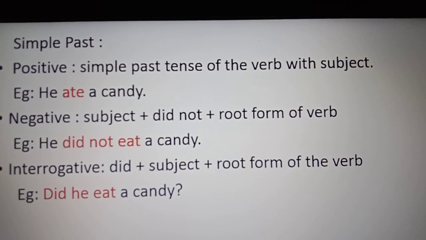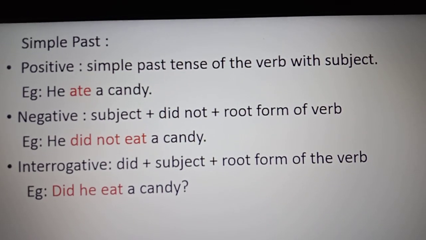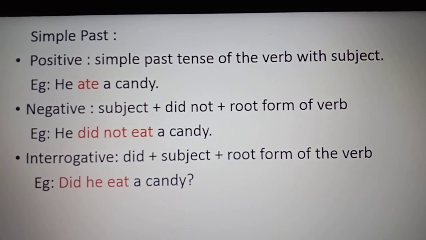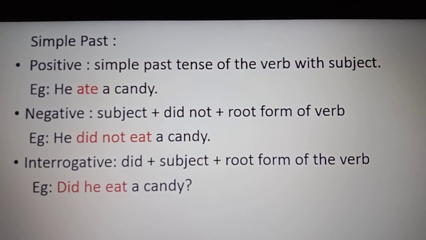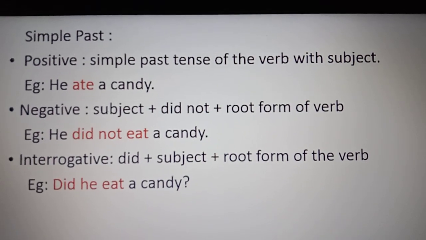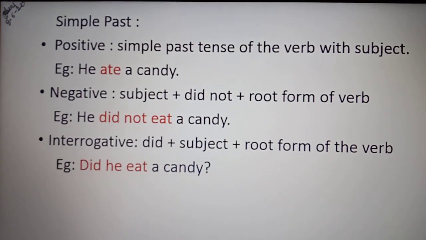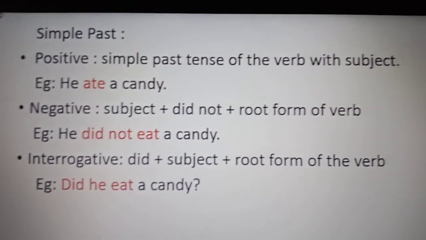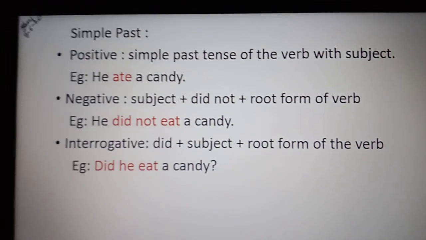Eat is the present tense, ate will become the past tense. He ate a candy. Subject plus the past form of the verb. Some of the verbs totally change. Eat will not become eated. Got it? So the teacher told us to add ed, but it doesn't happen that you add ed to all verbs. Some of the verbs totally change.